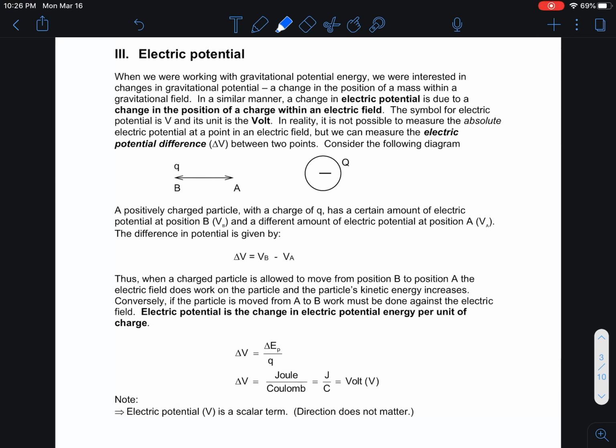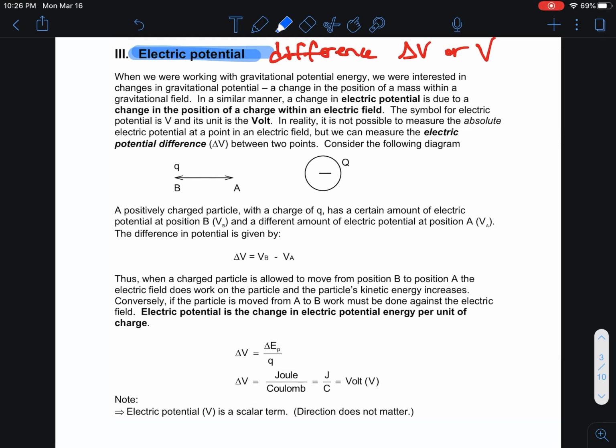All right, so electric potential, I've been going on and on about. Electric potential and electric potential difference are the same thing. Both of them have the variable delta V or just big V, and the units are the volts.